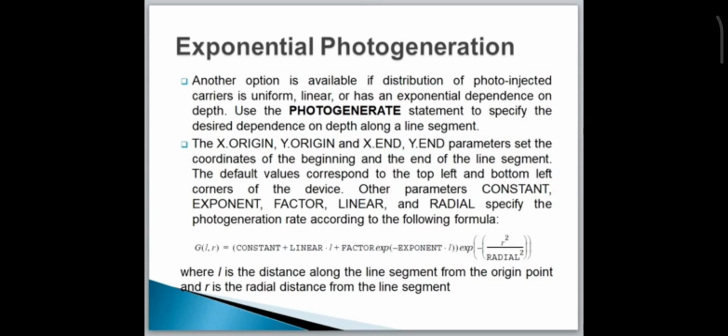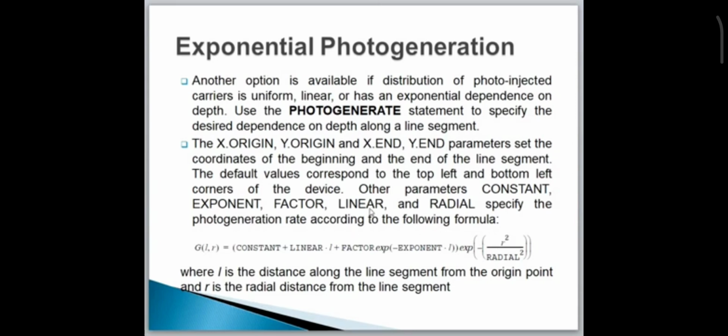The x origin, y origin, x dot n and y dot n parameters set the coordinates of the beginning and end of the line segment. The default value corresponds to the top left and bottom left corner of the device. Other parameters, constant, exponent, factor, linear and radial, specify the photo generation rate according to the following formula.